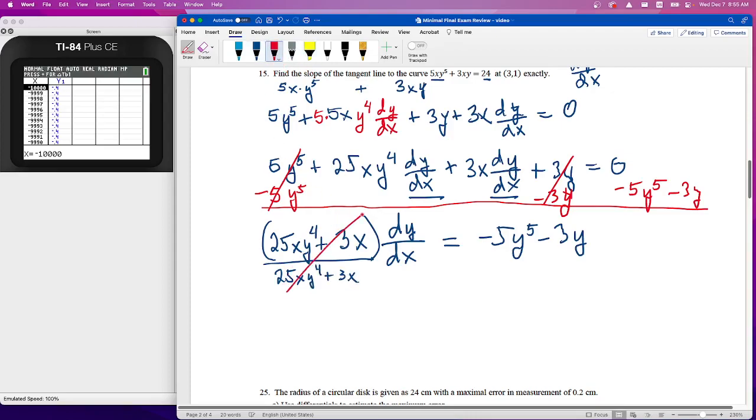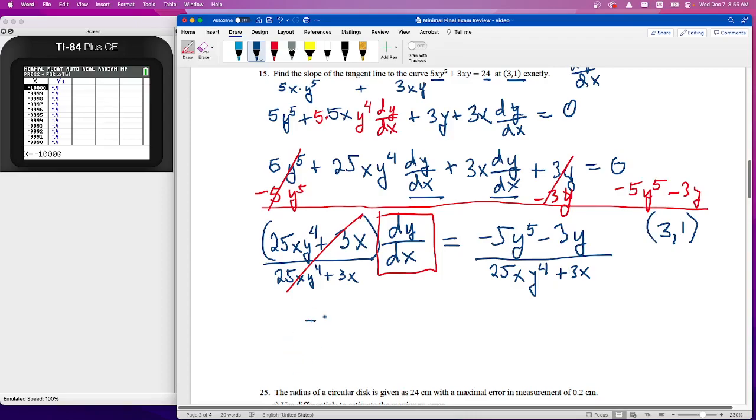So that this cancels and we have just dy/dx equals... and then we want to find it exactly at (3, 1). So x is 3, y is 1. We replace those values in here, and then we'll get the numerical value.